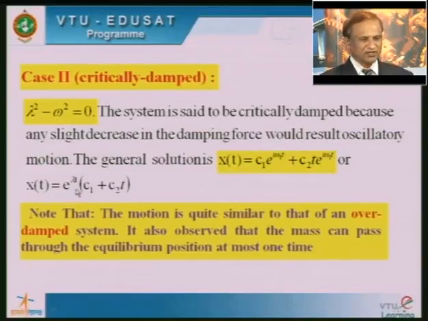X of t is equal to e to the power lambda t times (C1 plus C2 t). Is it clear? So here we can note that the motion is quite similar to the overdamped system. It is also observed that the mass can pass through the equilibrium position at most one time, either from the top or from the bottom.